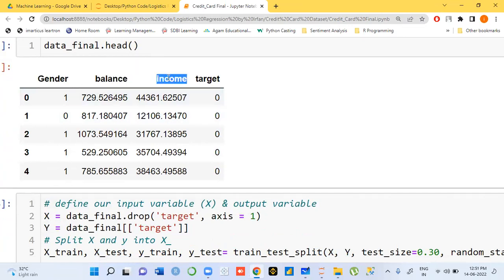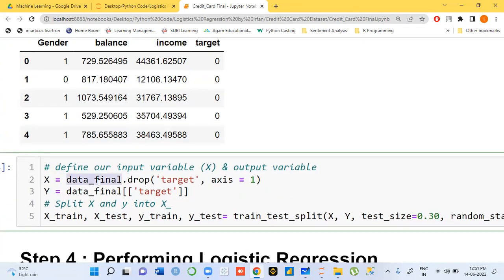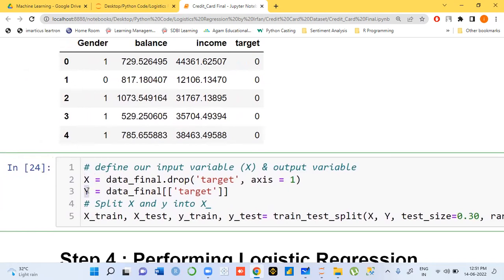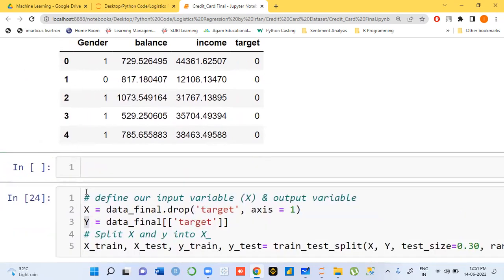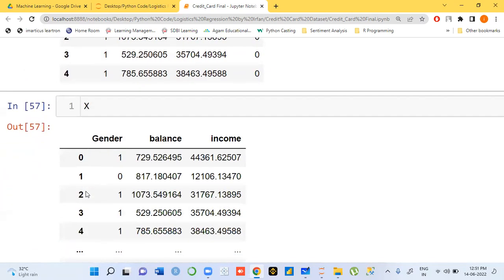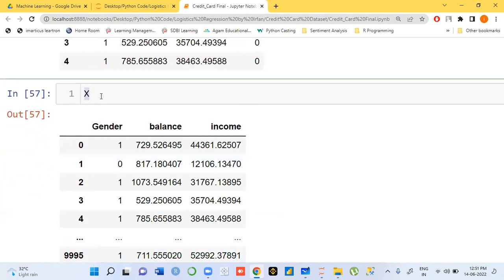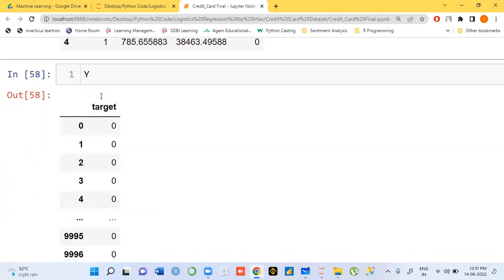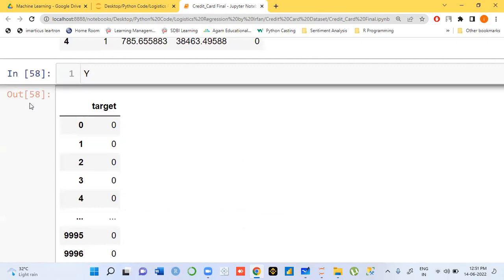All X. I say final data, I want to drop target. Remaining will be in X. What will be in Y, guys? This is your X, we'll have all X data. This is your Y, we'll have all targets.